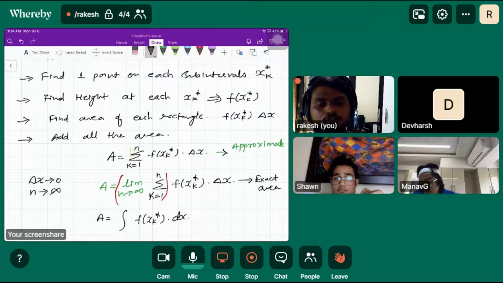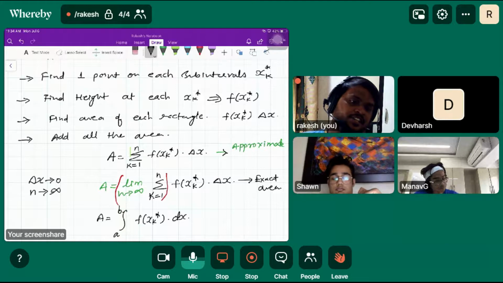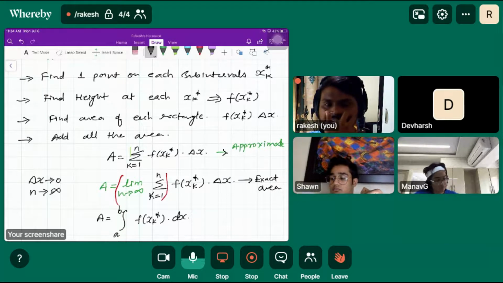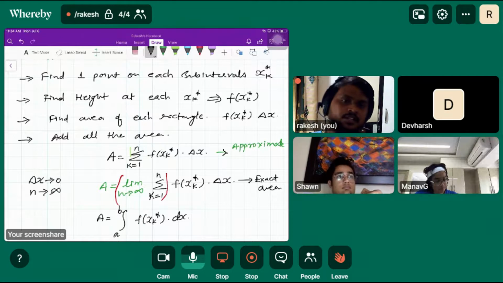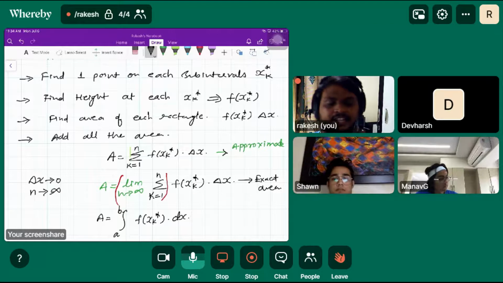So from a to b, the area is given by the integration of a to b f of x dx. That provides the exact area.